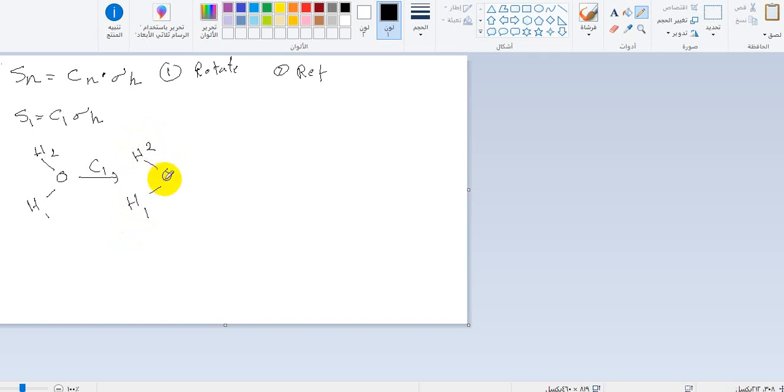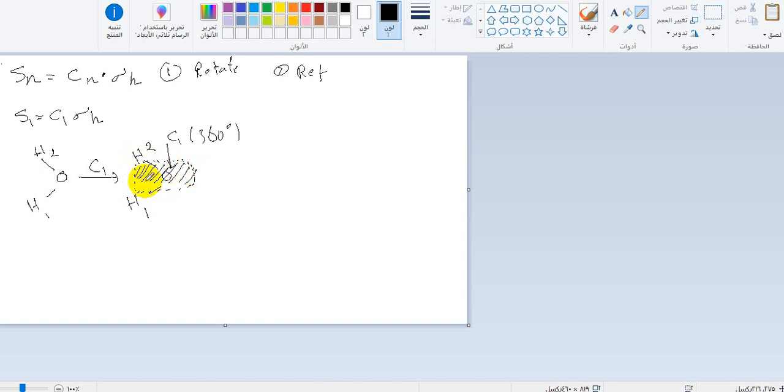Now we have a sigma, between the two hydrogen atoms, and take the oxygen atom here.